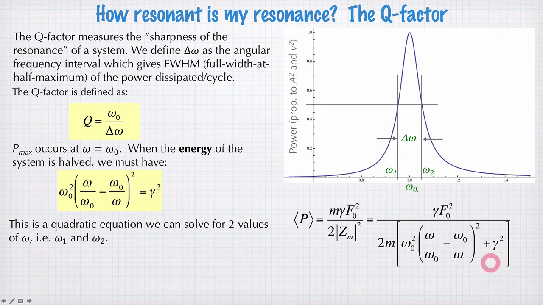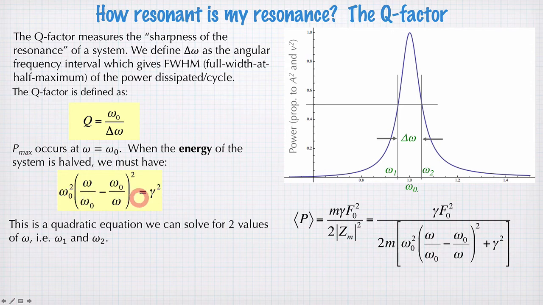So this term here must be equal to this term here, and that is when the power dissipated is exactly a half of the maximum, because at maximum this term here disappears completely and we just have this numerator here divided by gamma squared. So when this part here equals gamma squared, then we've reduced the power dissipated by a factor of 2.